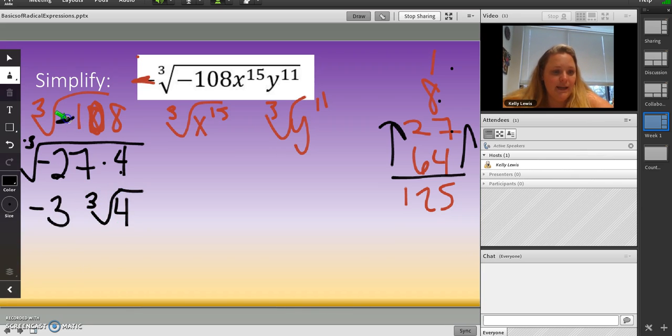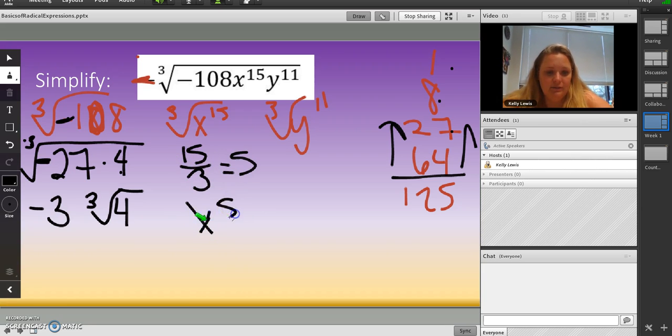And I want to keep this negative attached to the one that's the perfect cube. I'm going to do 15 divided by 3. That's 5, so I'm going to get x to the 5. And then I'm going to do 11 divided by 3. That's 9, so that's 3 remainder 2. 10, 11, yeah.